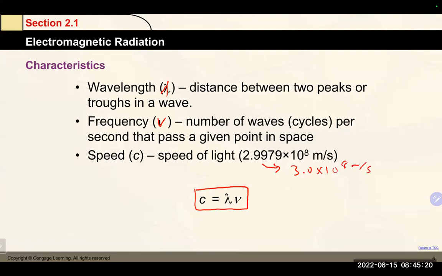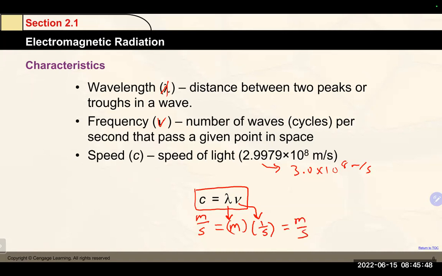You can use either number, but I personally round to 3 times 10 to the 8. So the speed of light is equal to the wavelength times the frequency. Since c is meters per second, when you use this equation the wavelength needs to be in meters, and the frequency should be 1/seconds, which will once again give you meters per second.